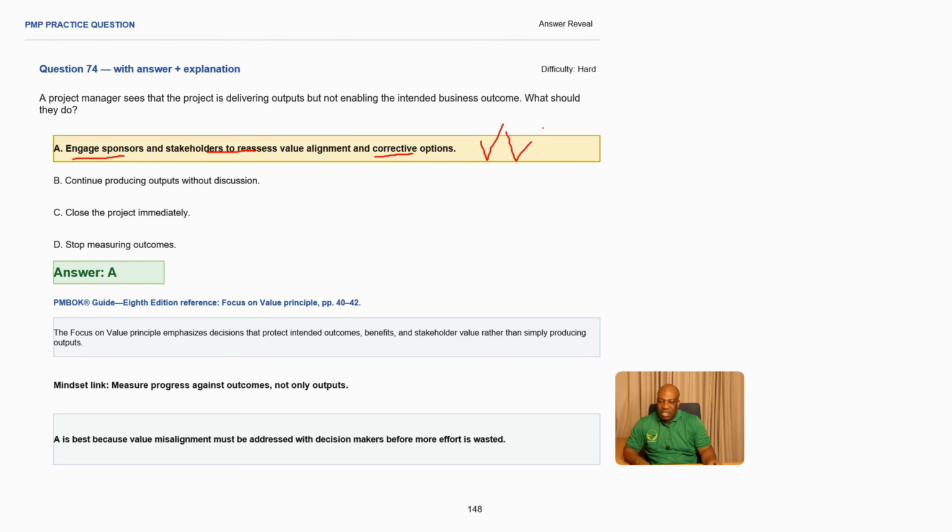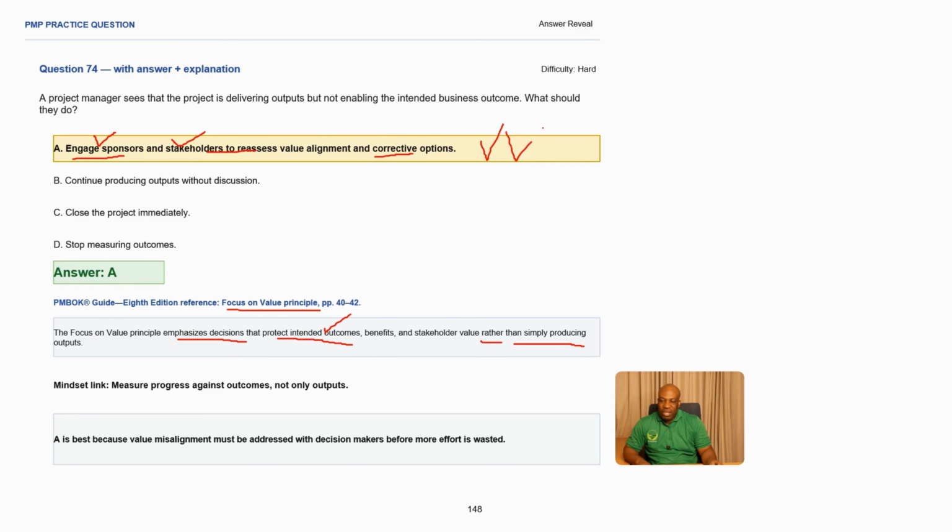So what is our reference to our PM book? You focus on value principle. What does it say? Value principle emphasizes decisions that protect intended outcome, which is part of our question here, okay? And stakeholder value rather than simply producing outputs. So in our answer here, we're engaging sponsor, we're engaging stakeholders, okay?